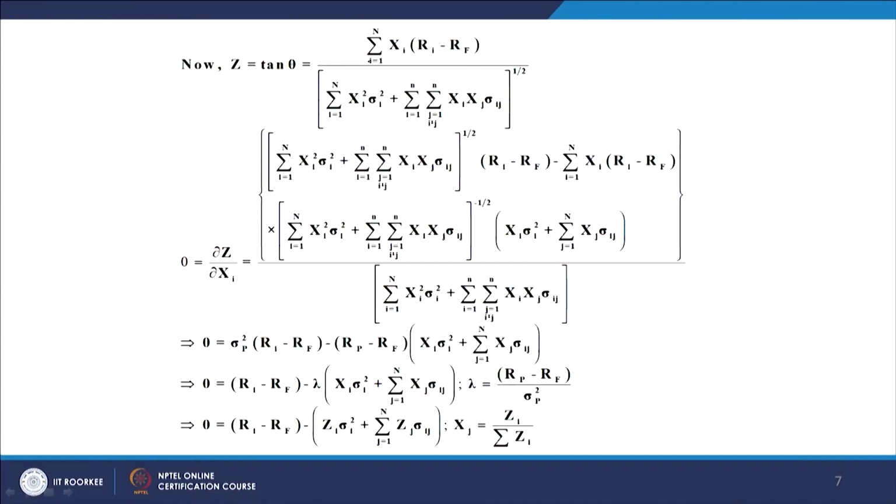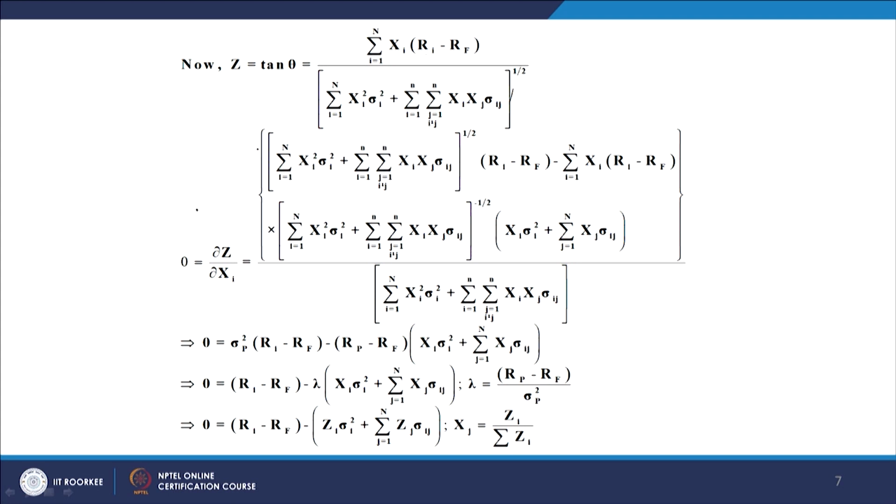What is the mathematics? And this is the mathematics. This is what the Sharpe ratio is. Tan theta is equal to Rp minus Rf, where summation Xi Ri is Rp, divided by sigma p.